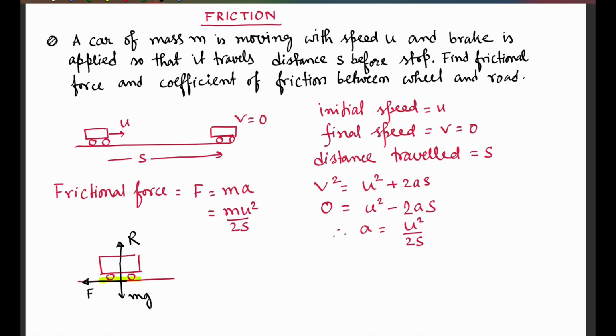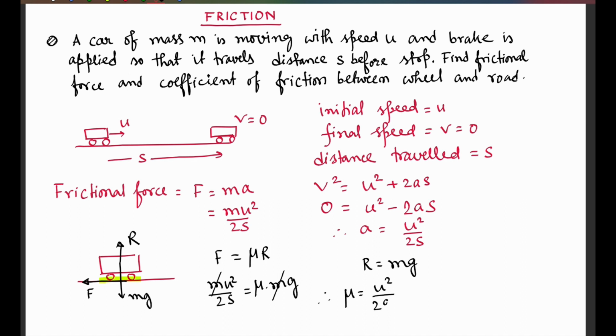From laws of friction, we know that frictional force F is equal to mu into R. As the car is moving horizontally, there is no net vertical force acting here. Therefore, R is equal to mg. So, m u square by 2s is equal to mu into mg. Therefore, mu is equal to u square by 2gs.